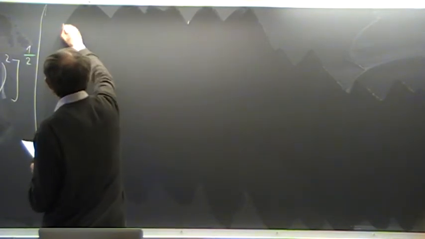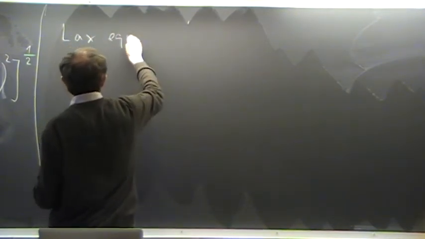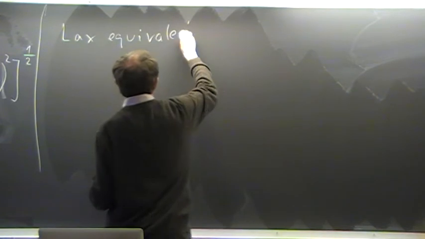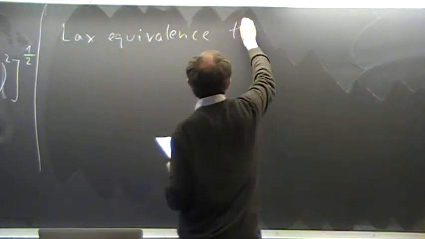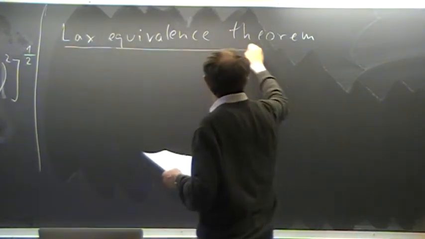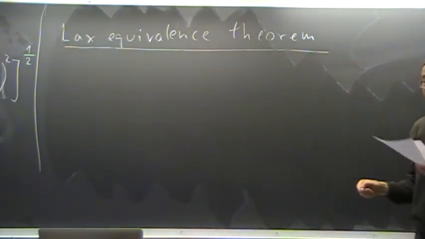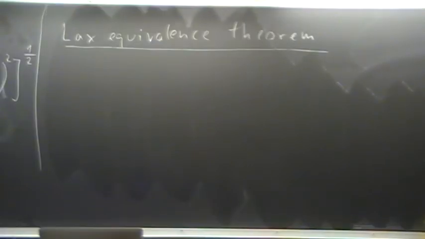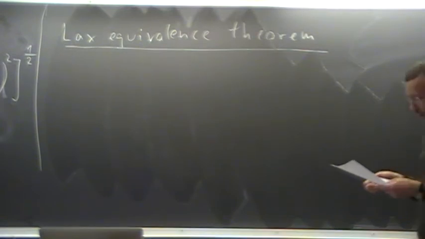But there we have good help by Peter Lax, and we are using his Lax equivalence theorem. I showed you a picture of him in the beginning. So that's the one who got the Abel Prize a few years ago.